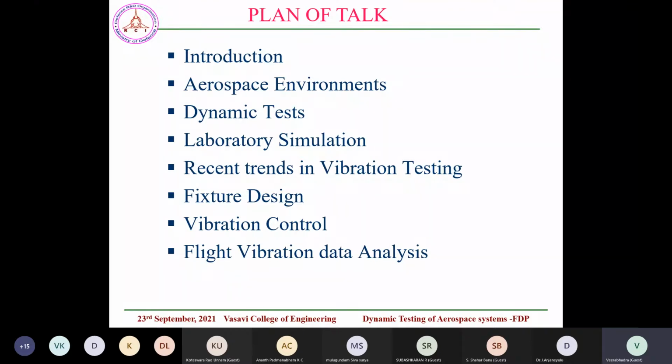And I will also dwell upon recent trends, particularly in vibration testing, because nowadays vibration testing is almost inevitable for most of the sectors, including automobile, defense, aerospace, nuclear, bio, everything.